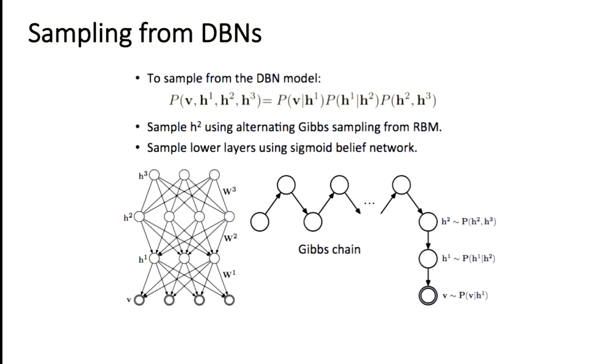So you get your H2, which is in this case similar to visible nodes as we have seen previously, by using a contrastive divergence procedure or a Gibbs sampling procedure. And then you propagate this information downwards till you get the probability distribution of your visible given the hidden from the previous layer. And this part is from your directed graphical model, so sigmoid networks.